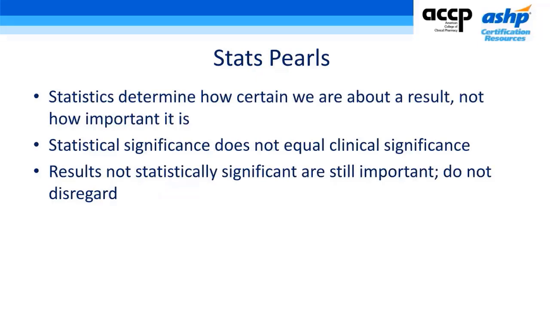So quickly, just some pearls for stats and learning statistics and research design. Statistics determines how certain we are about a result, but not the importance of it. So basically what I'm saying is statistical significance does not equal clinical significance.